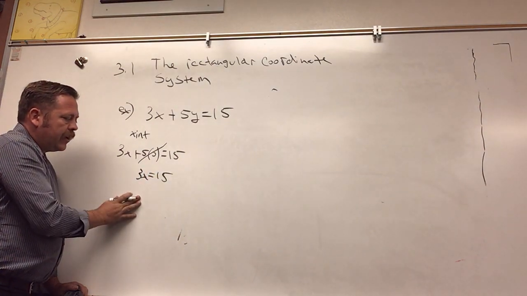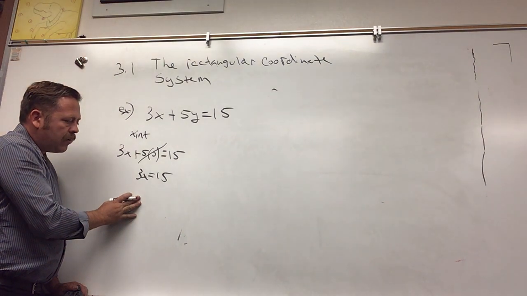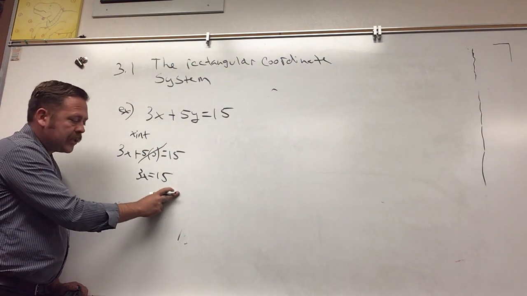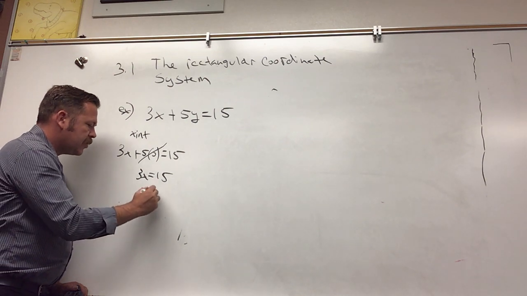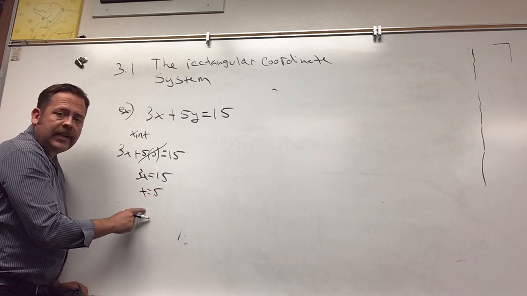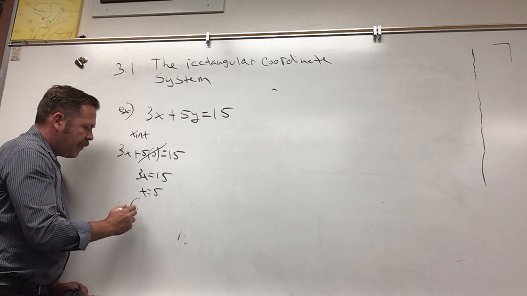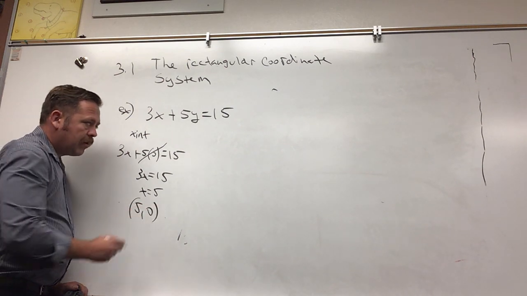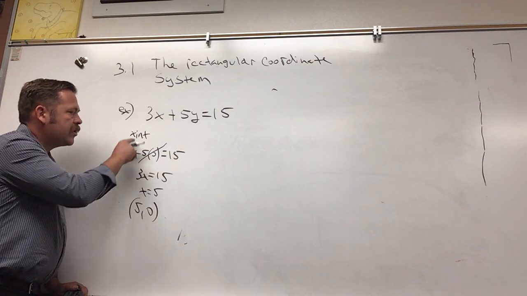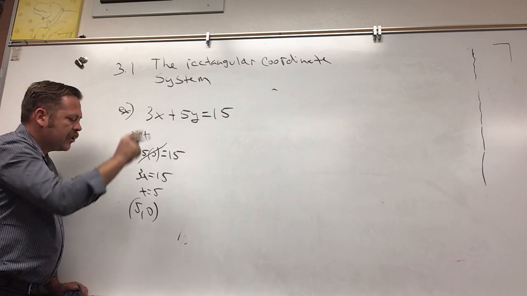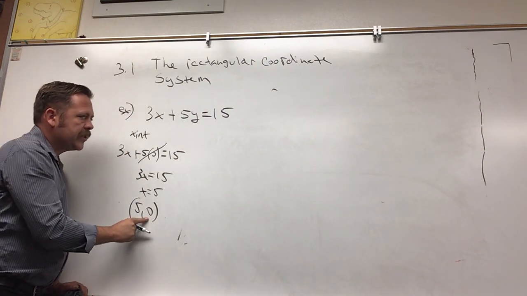Then you can pretty easily tell by dividing by 3 on both sides that the x-intercept is going to be 5. So x = 5, and the best way to write that intercept is (5, 0), okay? There's the x-intercept. Notice no matter where the x-intercept is, the y will always be 0.